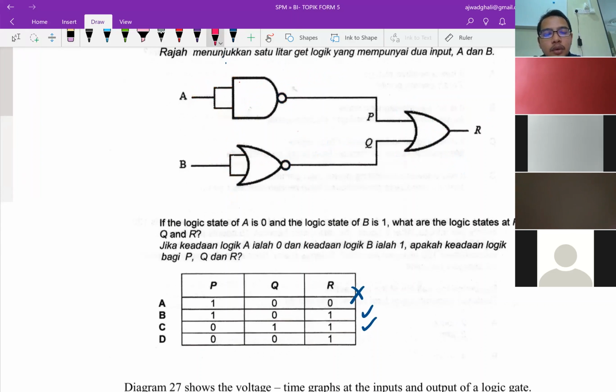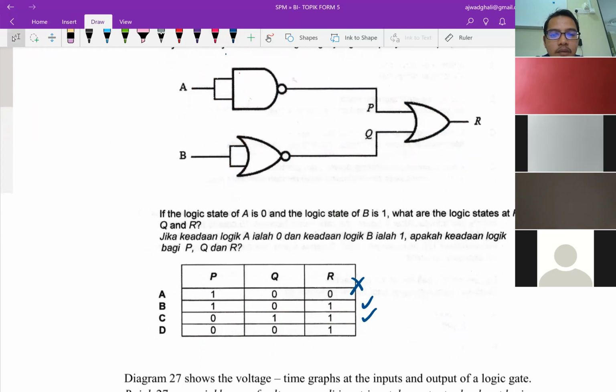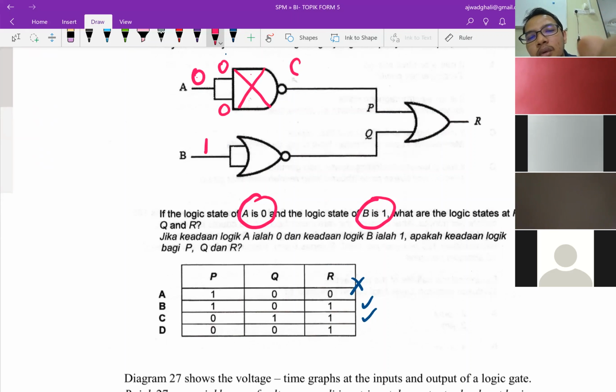Okay. The question states that the logic state of A is 0. See the effect of not reading the question? If A is 0 and B is 1. Okay. 0 and 0 you multiply, you get 0, but there's a dot, so it becomes 1.